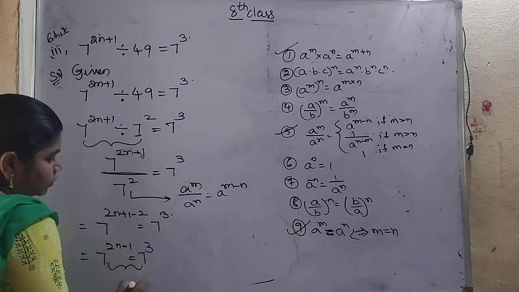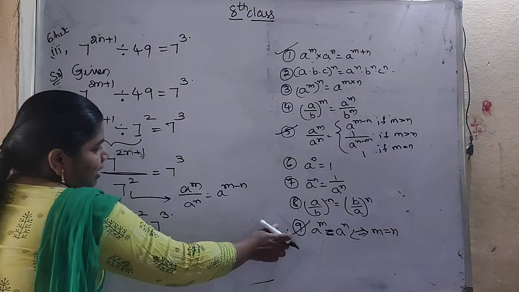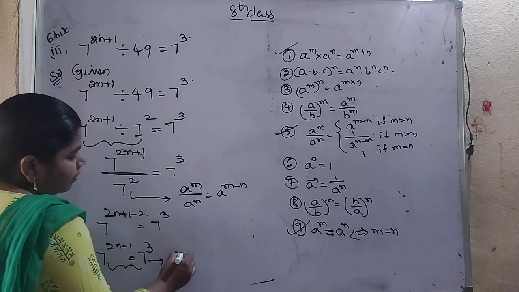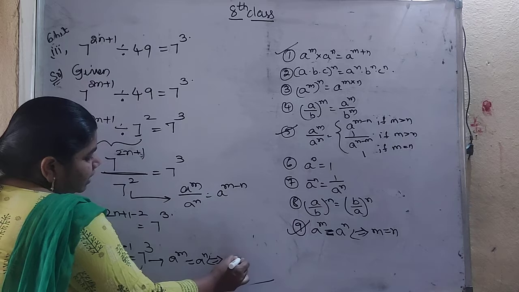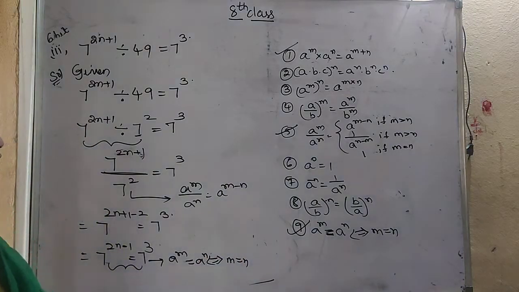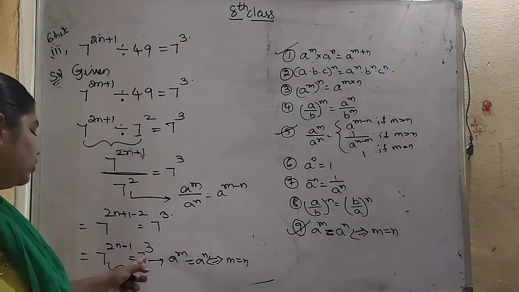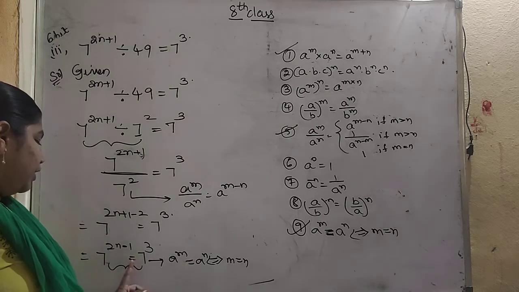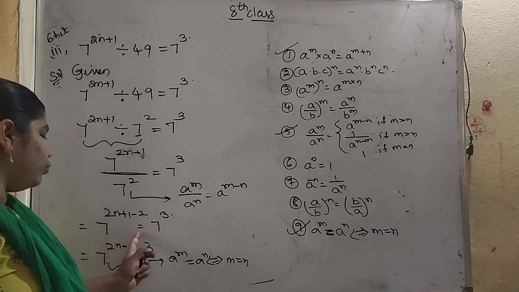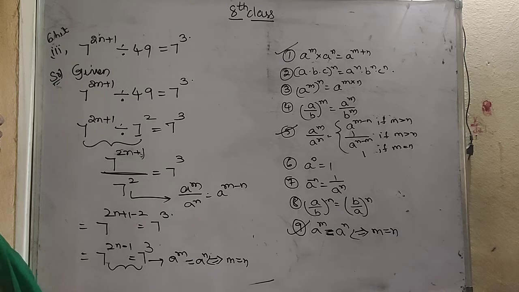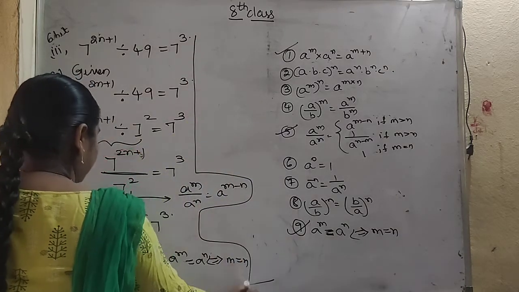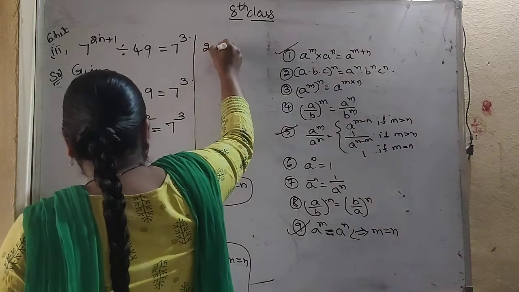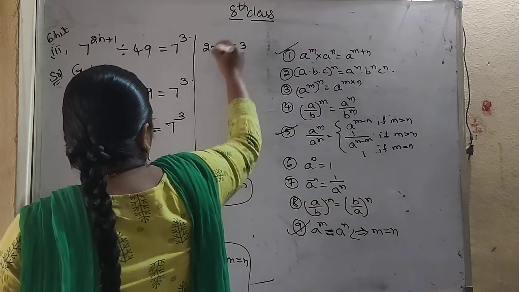Here we are using the last formula, that is, a power m is equal to a power n gives rise to m is equal to n. If you compare this formula with this equation, both bases are equal. In the middle we have the equal to sign. We have to equate the powers. So now we are equating the powers, that is, 2n minus 1 is equal to 3.